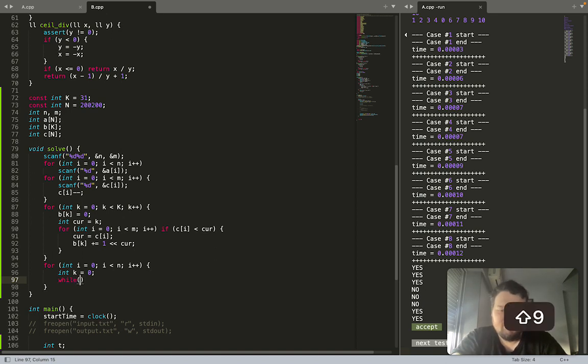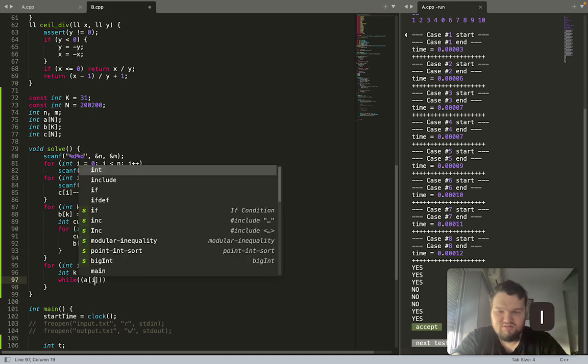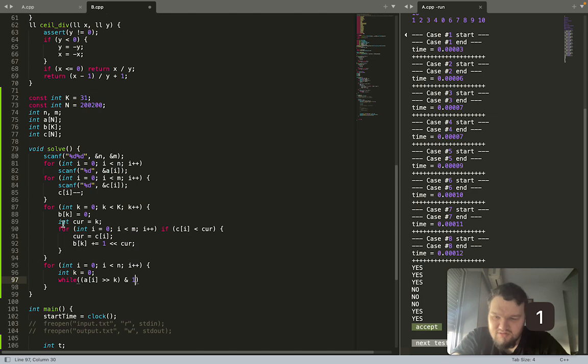So the stupid way to do that would be something like this. While k's bit is 0, we increase k. It works in logarithmic time, and it's not bad for our purposes. We already spent log times m operations here, but it can be done, I think, in constant time with a built-in function.